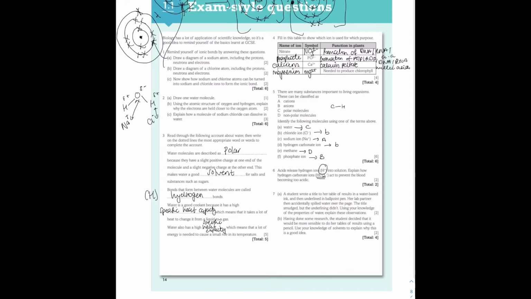And so what would happen is there will be fewer H pluses in the solution, and so that decreases acidity because H plus is a proton and that is the acid. So if it's going to attract and combine with the HCO3, there's going to be less free hydrogen ions, and so the blood is less acidic.